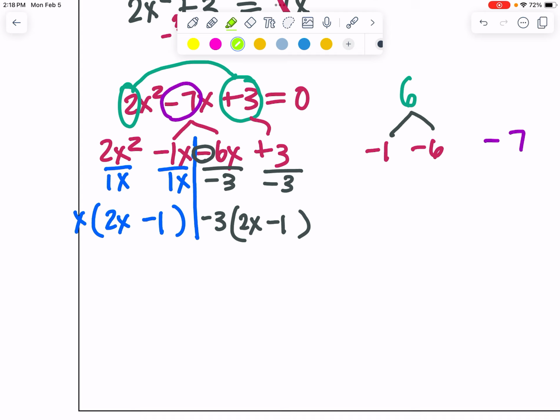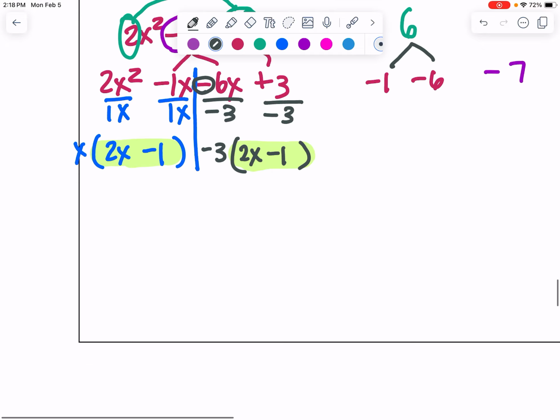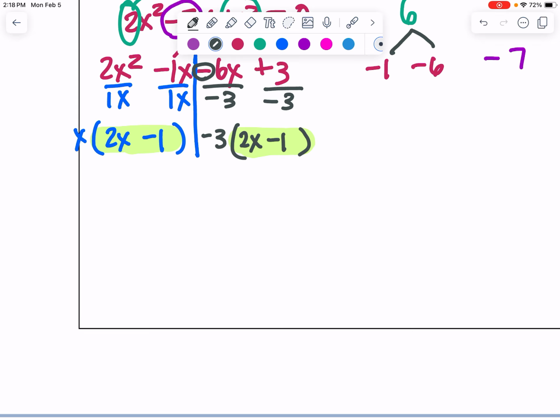Now, notice the 2x minus 1 and the 2x minus 1 match. That means we've done everything right in our factoring process. And so that 2x minus 1 is one of our factors. The other factor comes from what is in front of the parentheses. So in this case, it's the x minus 3.